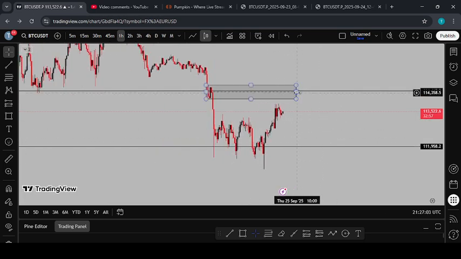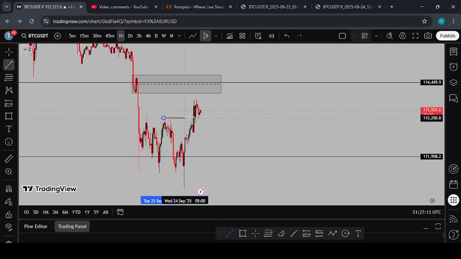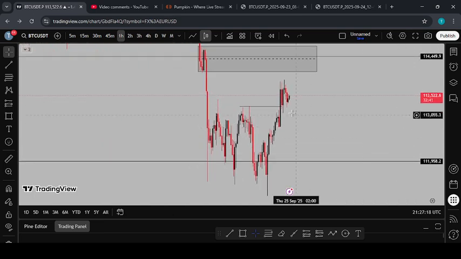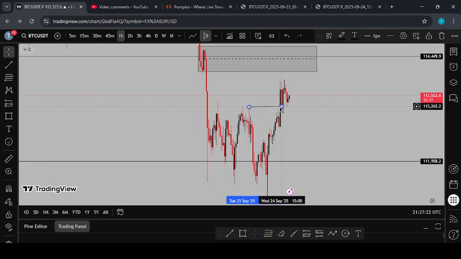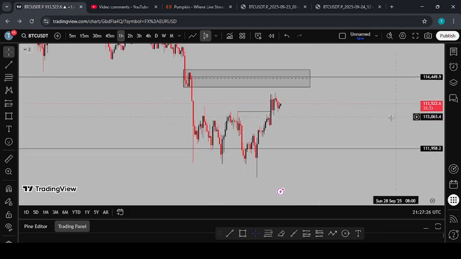So all I'll be looking at is to see how market will react when it gets here. If market closes with a body above this region, right, that will signify a good sign. It means market might want to buy, right?